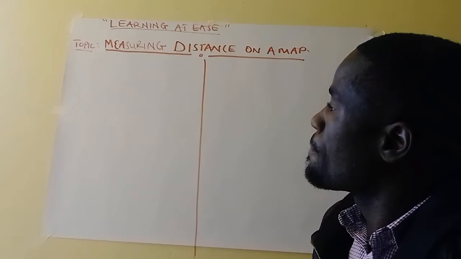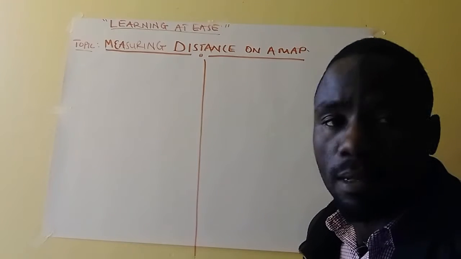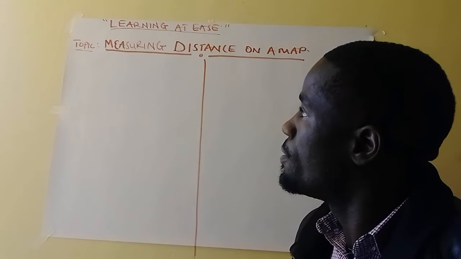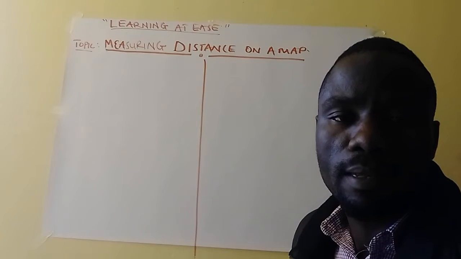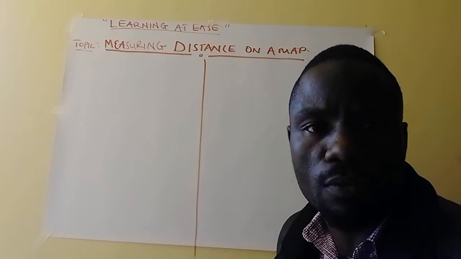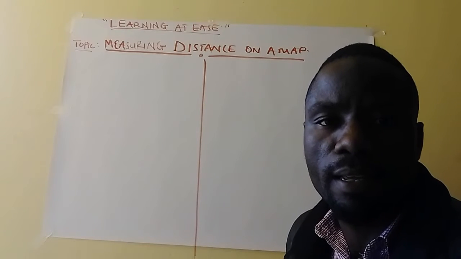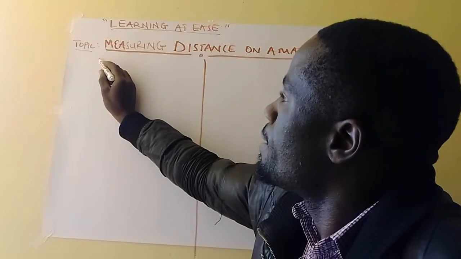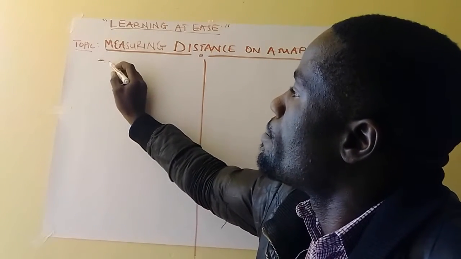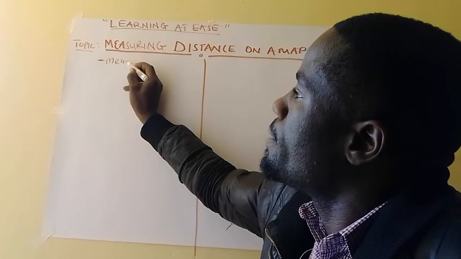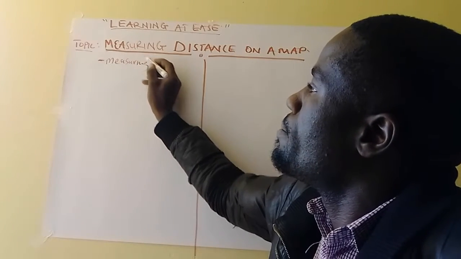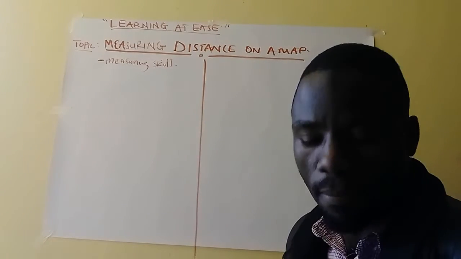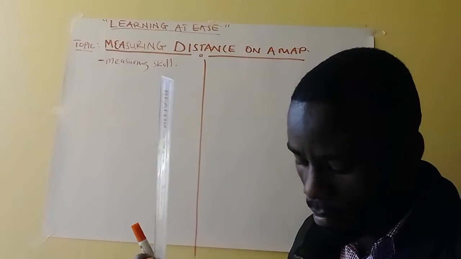So distance is basically measured in kilometers. But what we should know, when we are dealing with distance, we should ask ourselves, what is the examiner interested to find out in a learner? Here, you must know that the examiner in distance is looking for measuring skill. Can you measure using, let's say, a ruler?